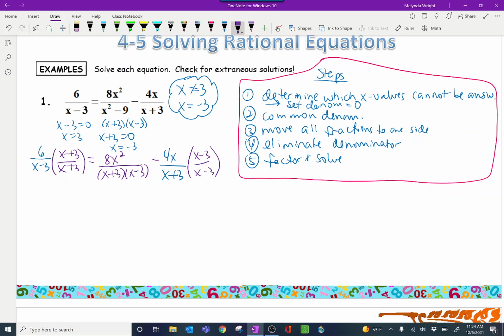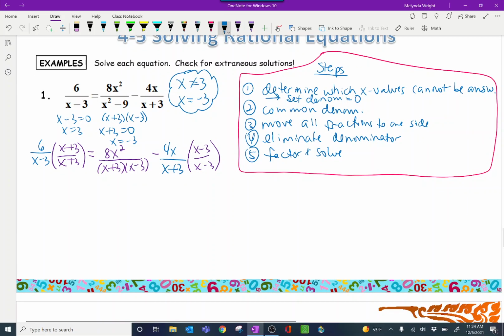Okay, so let's work on that. So we've got 6. I'm just going to distribute the 6 to the x and the 3, so 6x plus 18 over x minus 3, x plus 3 equals, and that one was fine, 8x squared.